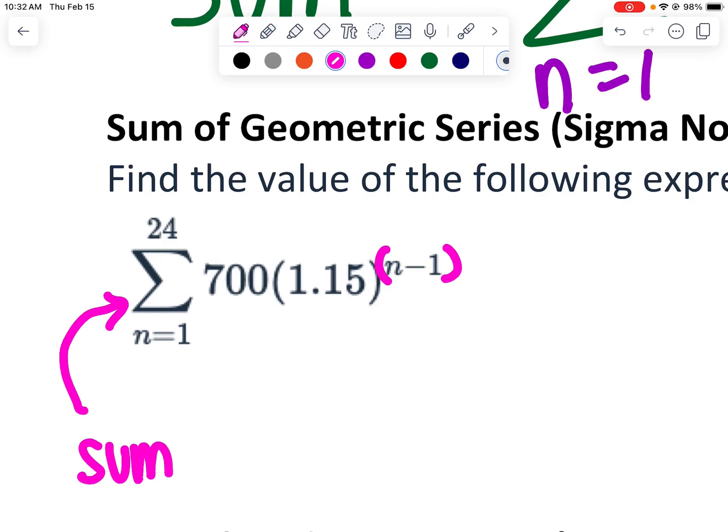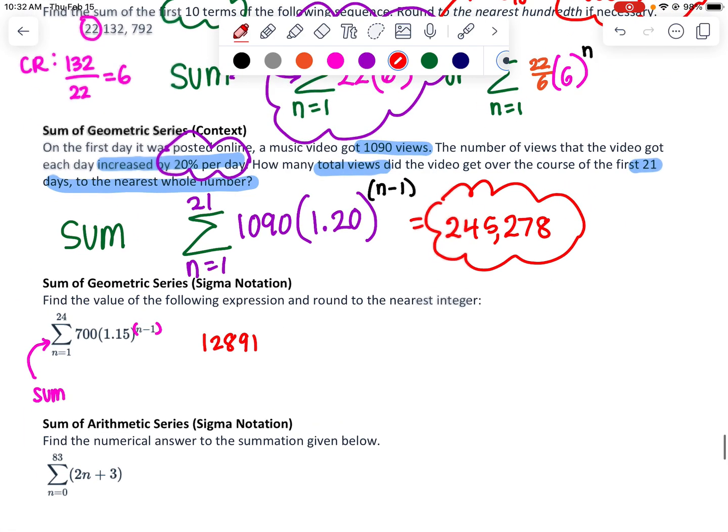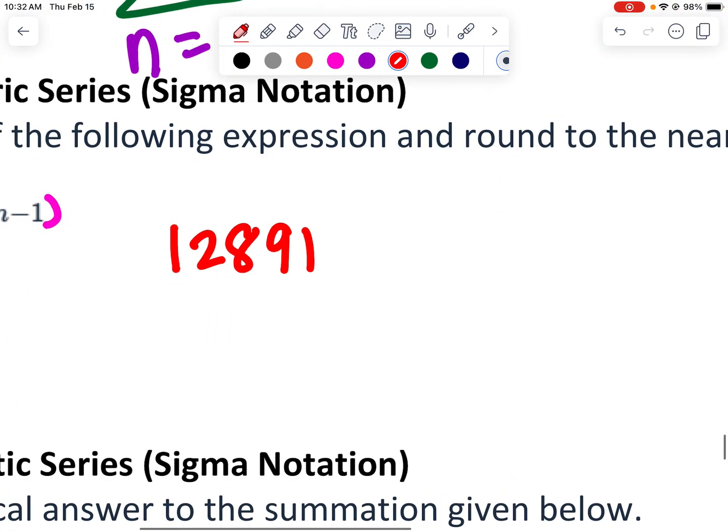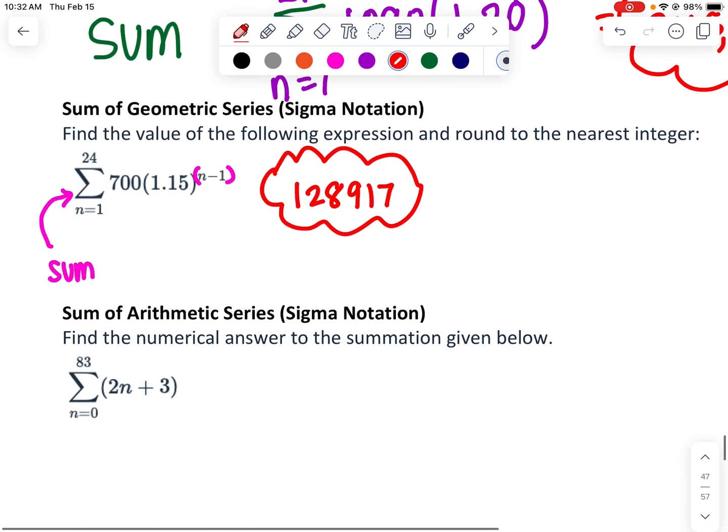Sum, n equals 1 to 24, and then 700 times 1.15, shift 6 to get the exponent, n minus 1. So that sum is 128917. Oh, it says round to the nearest integer, which is whole number. And that would be 7. There's the sum of those first 24 terms.